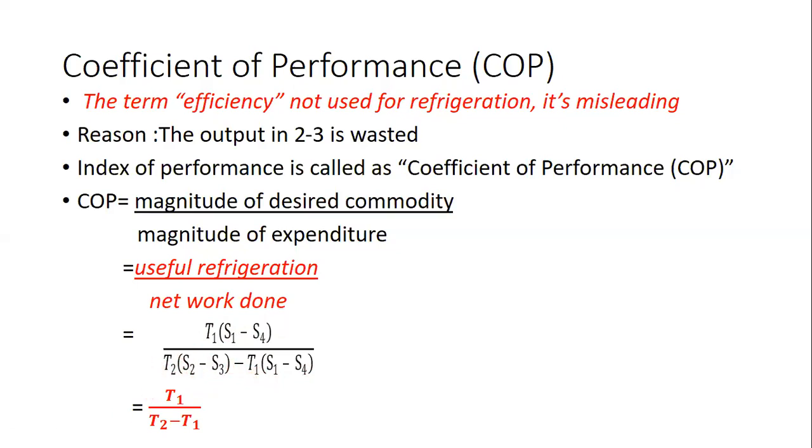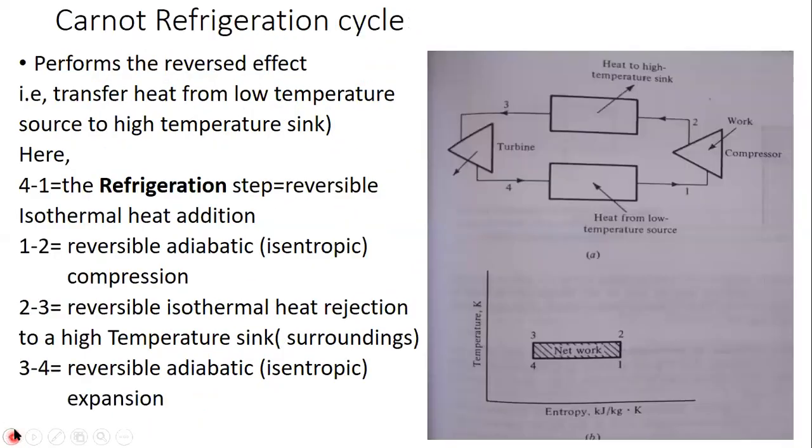Then what is the heat getting rejected? So now let us try to understand what is the heat getting rejected. Heat rejected to the surroundings is happening from 2 to 3. So the working fluid is moving from 2 to 3. That 2 to 3 process is shown over here in the TS diagram. So the heat is getting rejected. If you observe here, what will be the heat getting rejected?